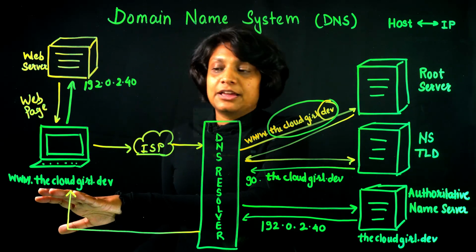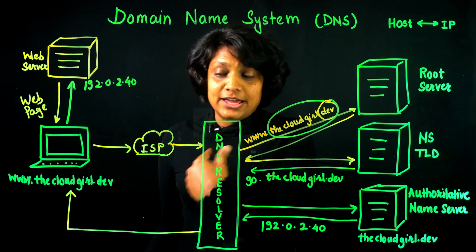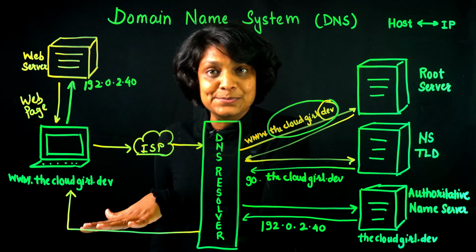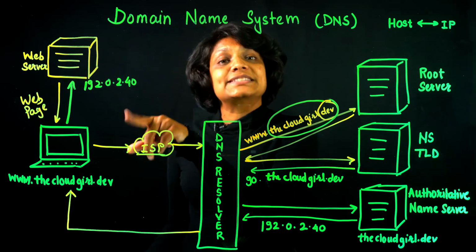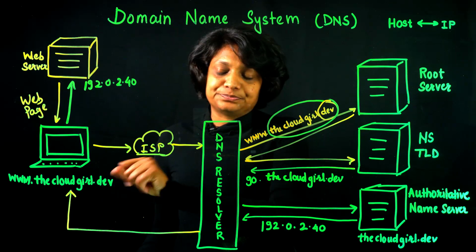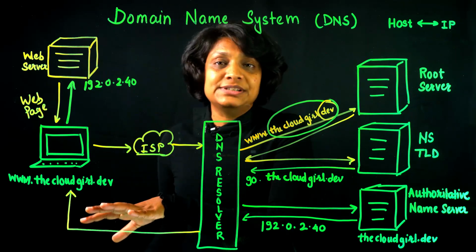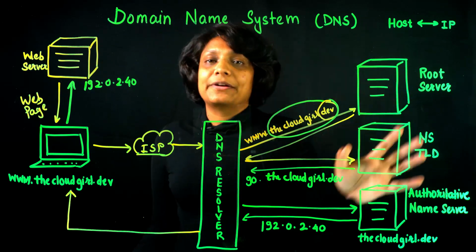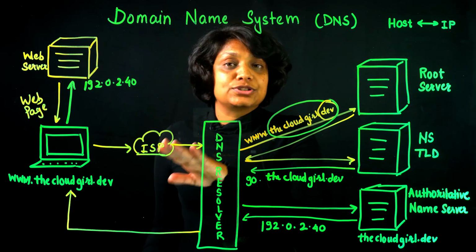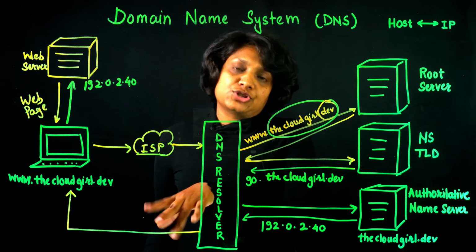So if I go to www.thecloudgirl.dev again, my browser has cached the DNS record for that host. Similarly, if my browser didn't have it, somebody else may have queried for the website, right? So the ISP, my internet service provider, also caches the DNS record.